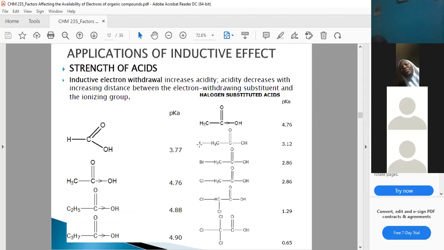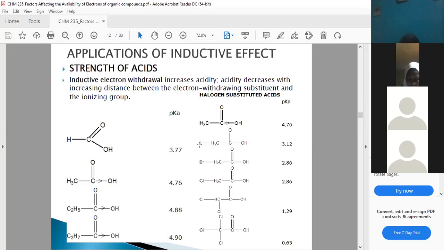Negative inductive effect increases acidity. Positive inductive effect decreases acidity. Negative inductive effect increases acidity, whereas positive inductive effect decreases acidity.